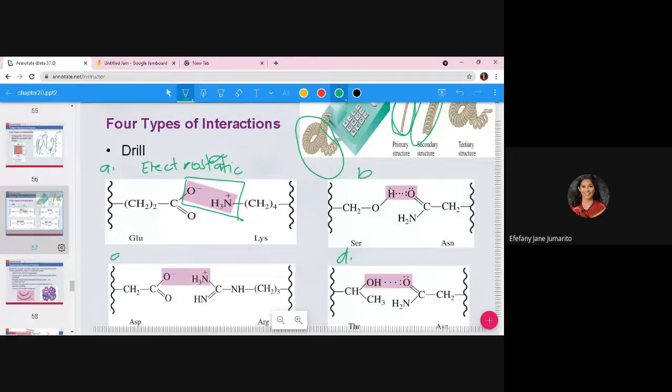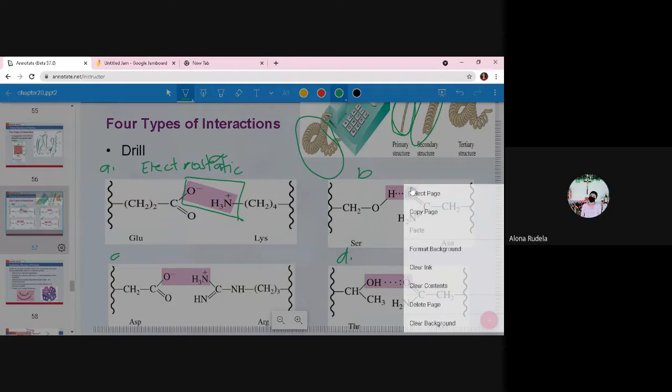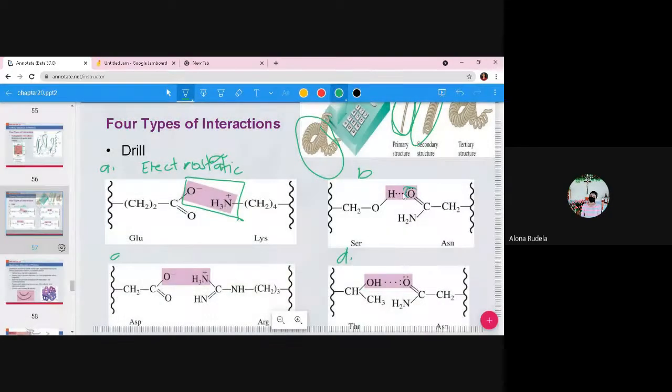Letter B. Ma'am, murag hydrogen bond. Okay, hydrogen. What about letter C? Electrostatic, ma'am. Okay, electrostatic. Then, what about letter D? Hydrogen bond siya pun ma'am.